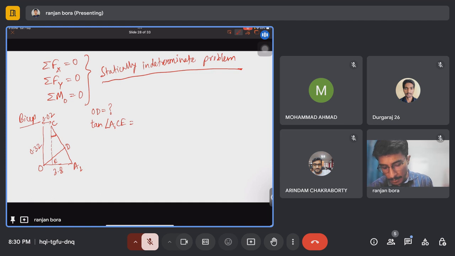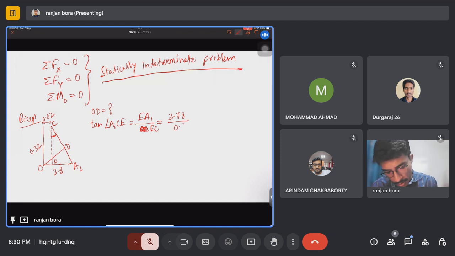This will be EA1 by OC. It will be 3.8 minus 0.02, which will be 3.78. OC is, sorry, this would be EC.